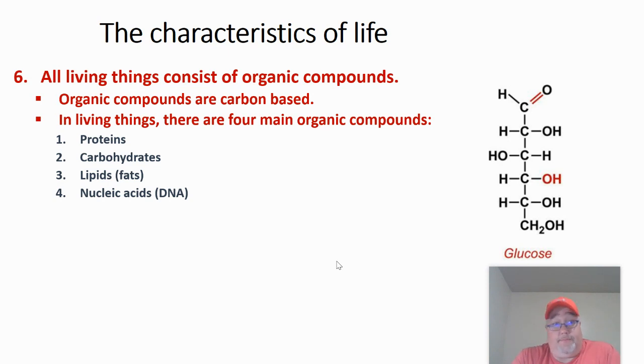Carbohydrates, there's another one. You've heard of these two before. Another one is called lipids or fats. And then the final one is called a nucleic acid. A really good example of a nucleic acid is DNA, which is found in every living thing. But each one of these is a unique type of organic compound.